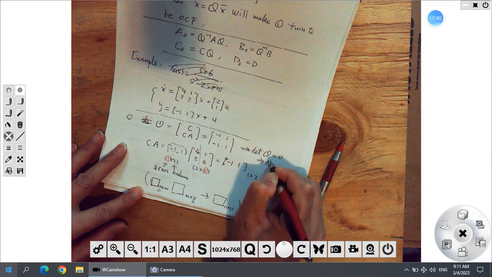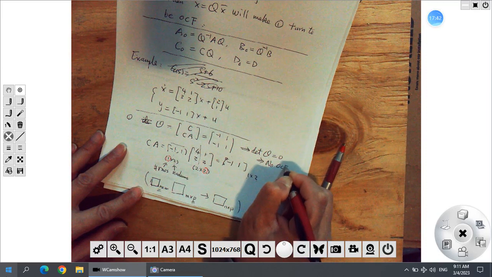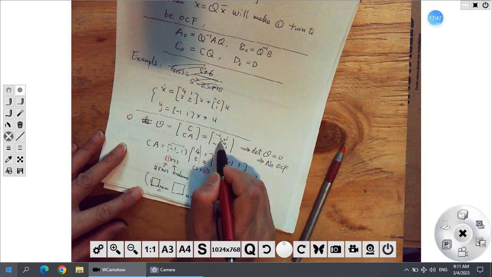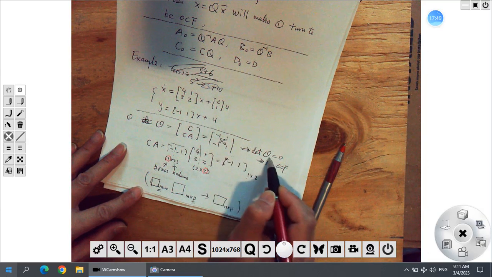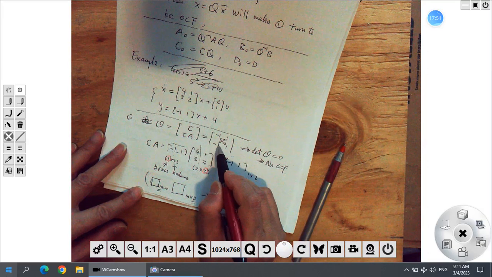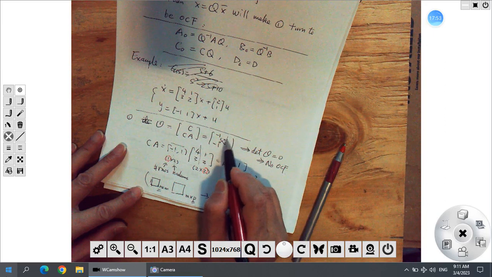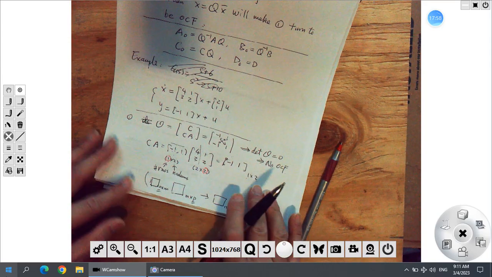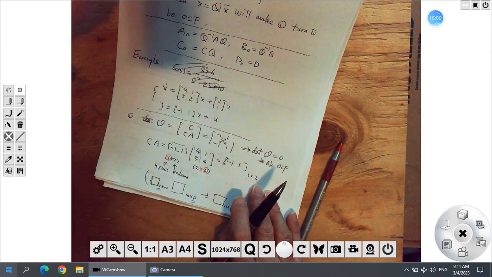The determinant is computed in this way: -1 times 1, you get -1, minus -1 times 1, you get 0. Okay, not a good example. We try another one.